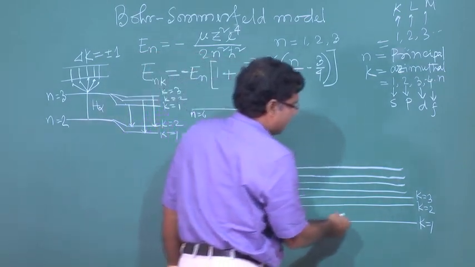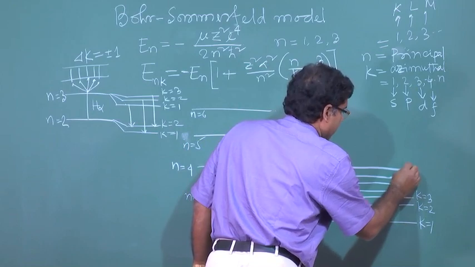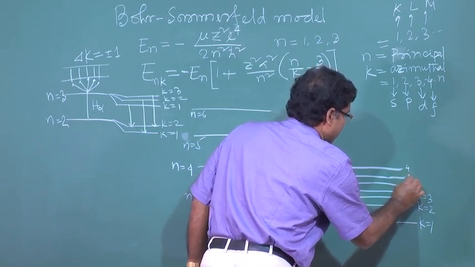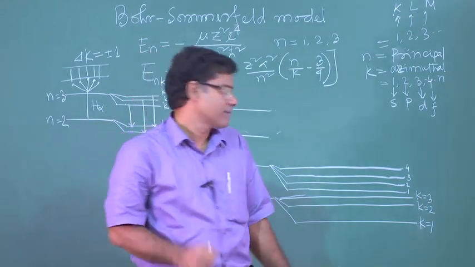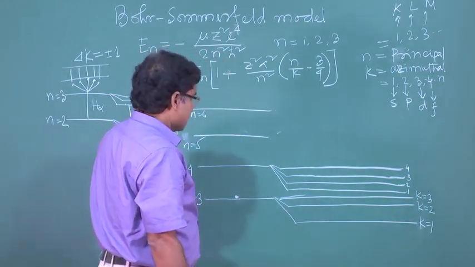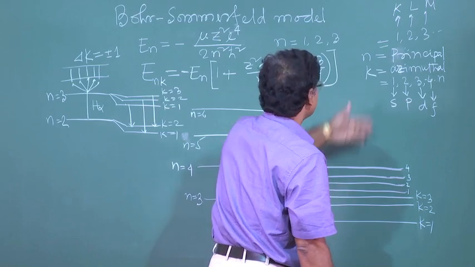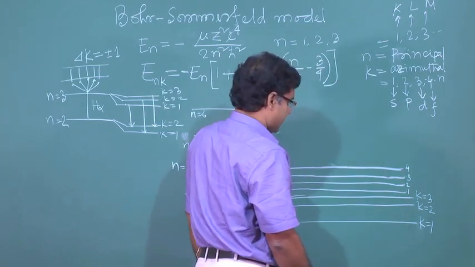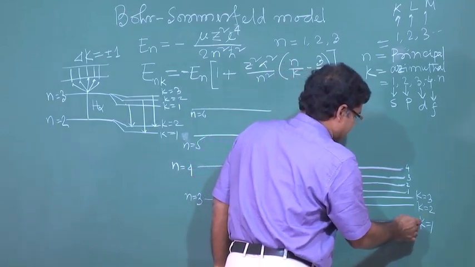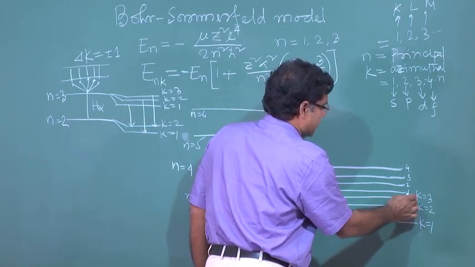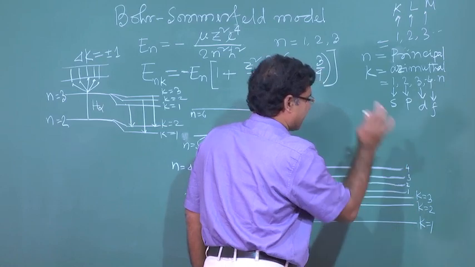So this one will be k equal to 4, 3, 2, 1. As I told, in principle I can write these as S, P, D, F like this.